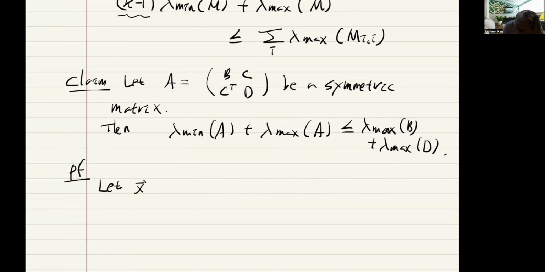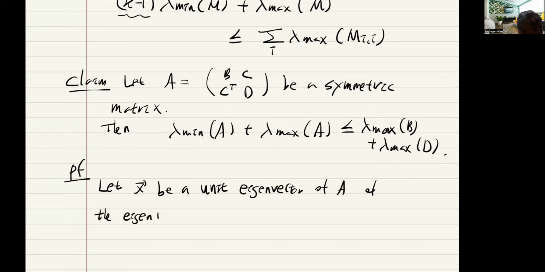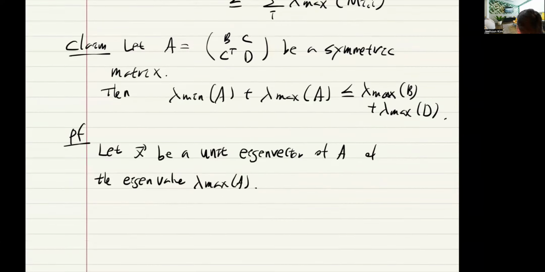So let x be a unit eigenvector of A for the largest eigenvalue. And this x can be written as, say, w and g. This part corresponds to B, and this part corresponds to D. So the length of each is exactly the size of the corresponding block.